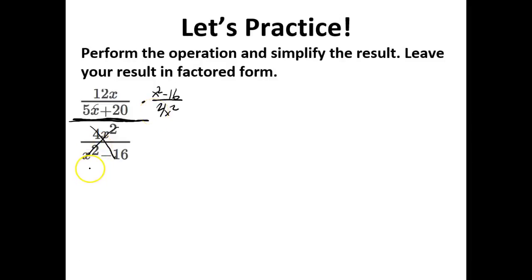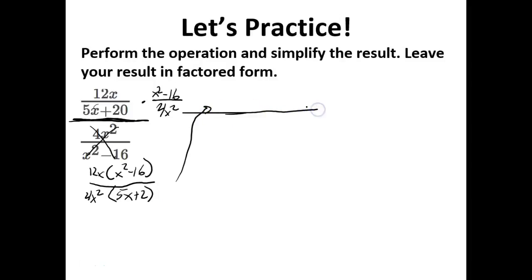So in the top we're going to have 12x. We multiply straight across the top times x squared minus 16, over 4x squared times 5x plus 20, multiplying the tops and the bottoms. Then factor it, see if anything's going to factor out.